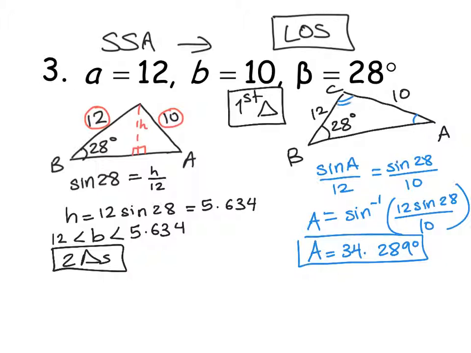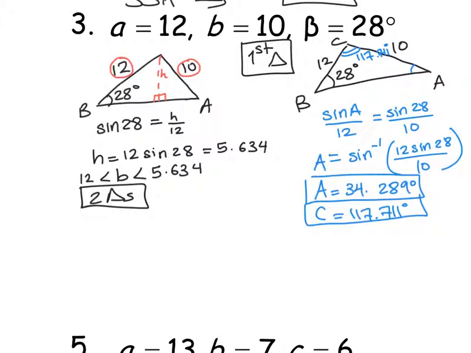Now to find angle C, you do 180 minus angle A minus angle B, and that gives me 117.711 degrees. So C is 117.711 degrees. Now we still need side C, so I'm going to use law of sines again to help me find C. So sine of angle C over side C is equal to sine of angle 28 over the opposite side, which is 10.